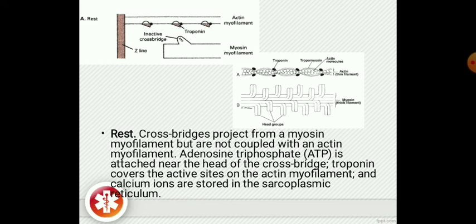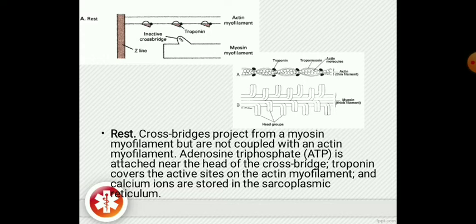The first stage of cross bridging is called the resting phase, where the cross bridges project from a myosin myofilament but are not coupled with the actin filament. Adenosine triphosphate, ATP, is attached near the head of the cross bridge. Troponin covers the active site on the actin myofilament, and calcium ions are stored in the sarcoplasmic reticulum.